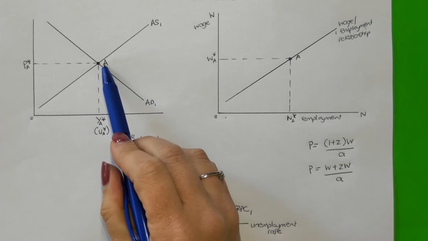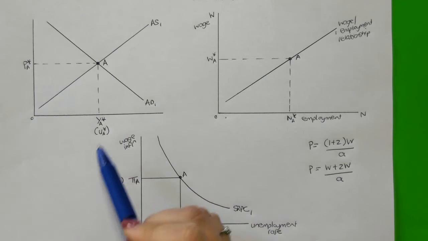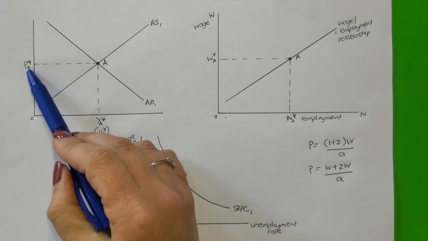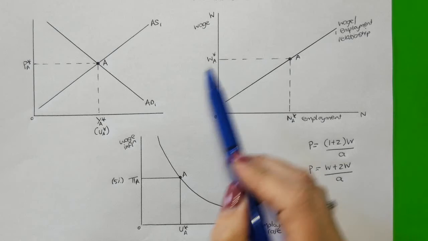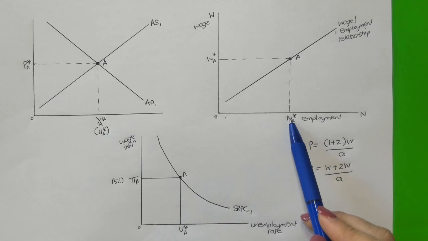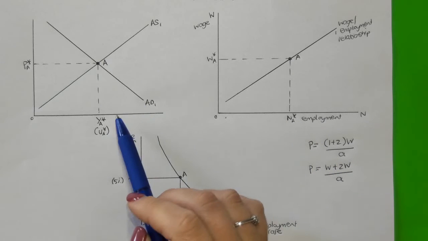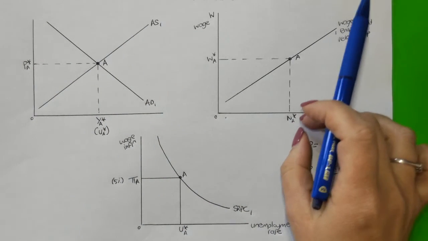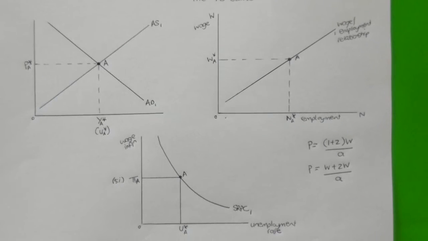So point A is suggesting that prices in this economy are P star A and output in this economy is Y star A. When prices are P star A, wages are W star A, and the level of output, Y star A, is associated with a level of employment, N star A. So when in this economy output is produced at that price level, N star A is the number of people who are employed, and that is the wage that those people are receiving.